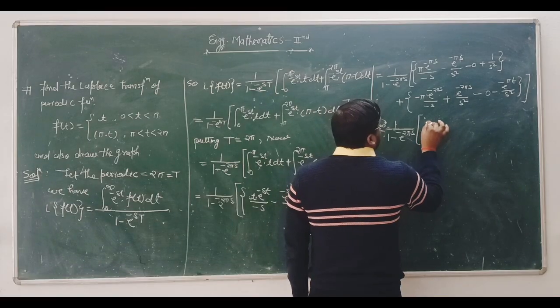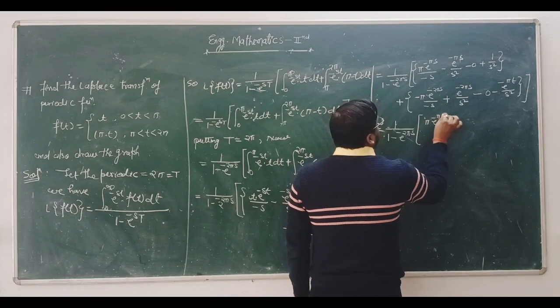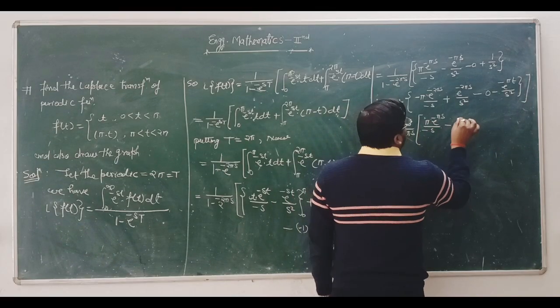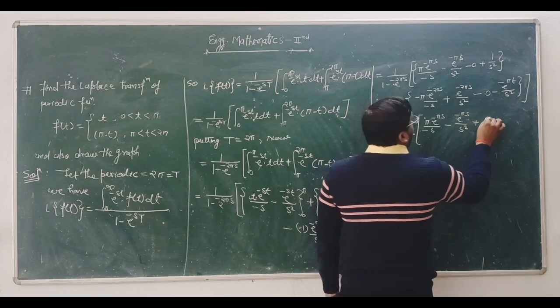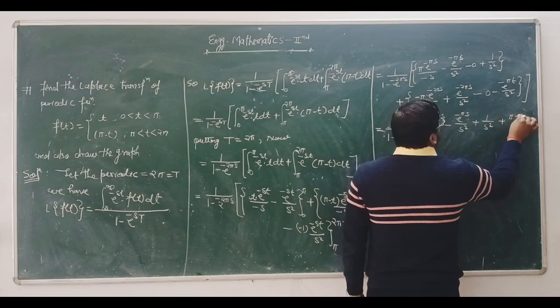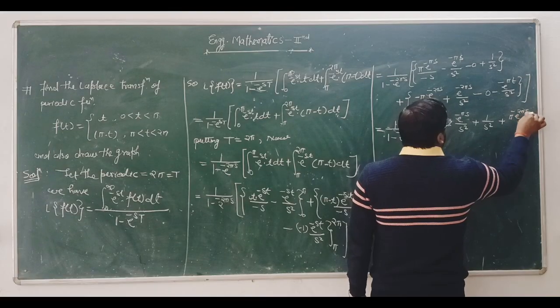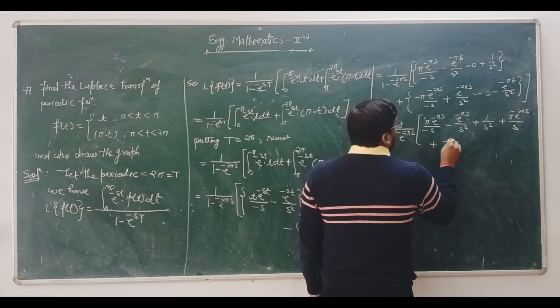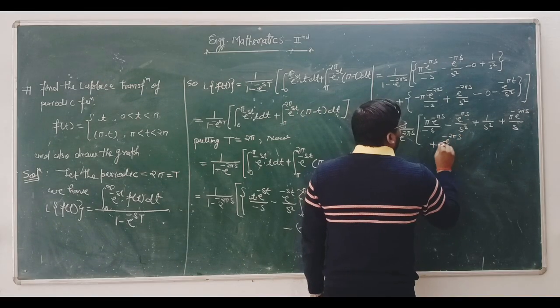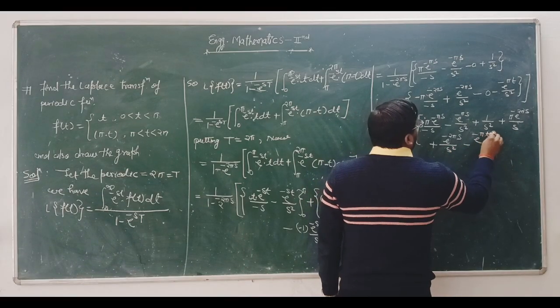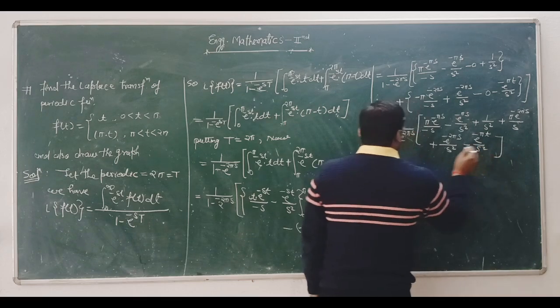Now similarly I will solve: pi e to the power minus pi s upon minus s, now minus e to the power minus pi s upon s square, now plus 1 by s square, now plus pi e to the power minus 2 pi s upon s, now plus e to the power minus 2 pi s upon s square, minus e to the power minus pi s upon s square.